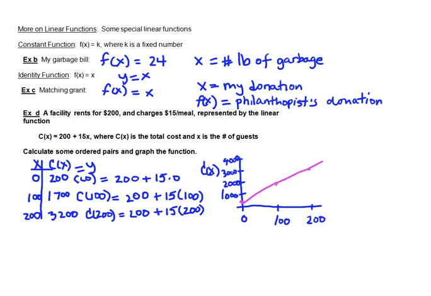And looking back at the initial instructions, calculate some ordered pairs. So we have 3 ordered pairs, which we can indicate more formally by putting parentheses around them, separated by commas. So these are 3 ordered pairs, and then graph the function. We've plotted these 3 points and come up with a linear graph.